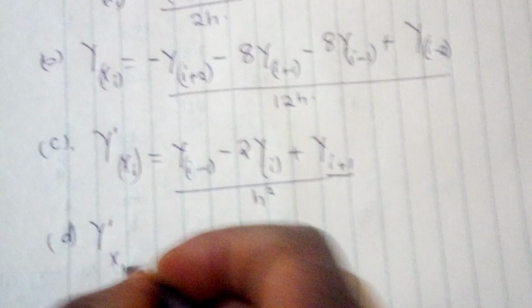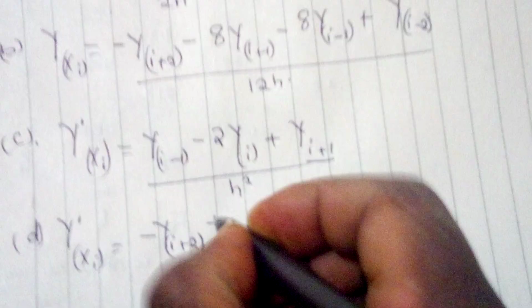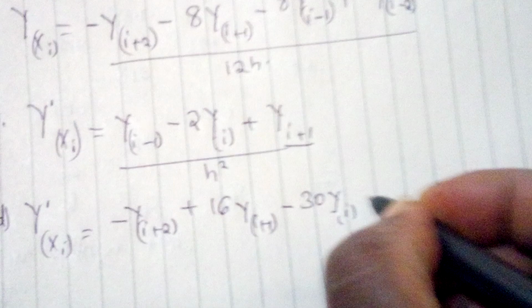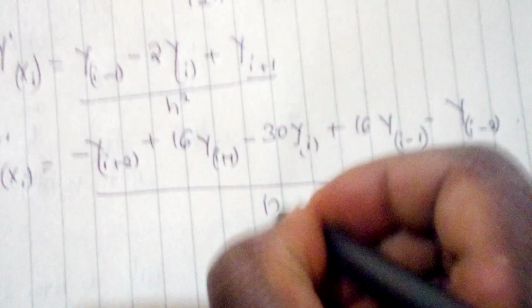So the last one we have y double prime xi is equals to negative y i plus 2 plus 16 y i plus 1 minus 30 y i plus 16 y i minus 1 minus y i minus 2 divided by 12h squared.